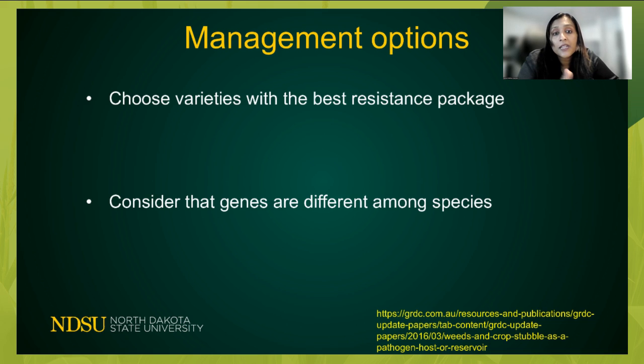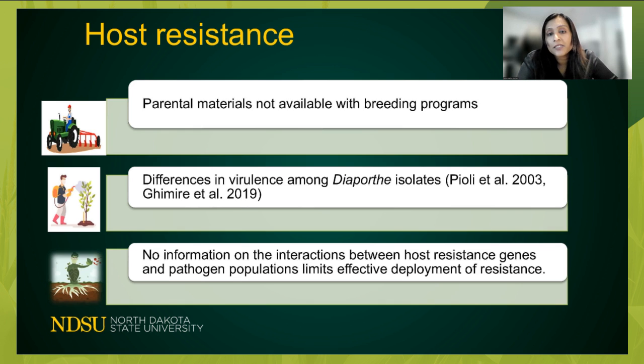And that's just because some of the studies coming out of my lab have indicated that the genes conferring resistance to one organism may not confer resistance to the other. So in order to help the breeding companies, primarily because they may not have the parental materials that have resistance to these organisms, my program, alongside 17 other collaborators, decided to look back into some of the varieties that have been previously reported in literature to have resistance to these organisms.